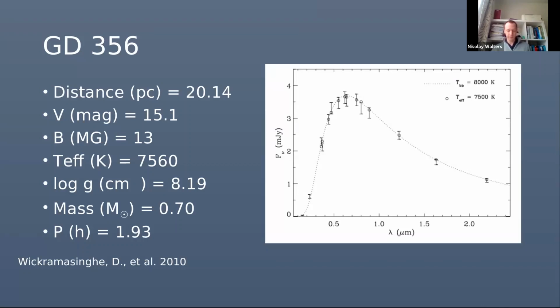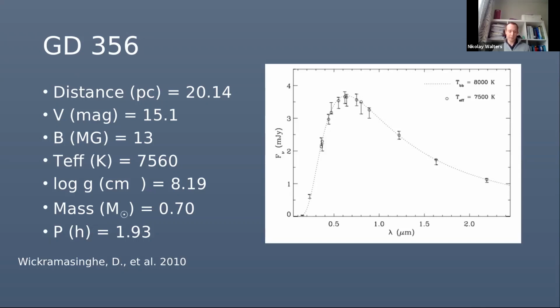By itself, this is not very remarkable because, as I mentioned in the previous slide, the presence of spots is a common phenomenon for magnetic white dwarfs. Yet GD356 remained unique out of over 25,000 spectroscopically observed white dwarfs up to the early 2020s.